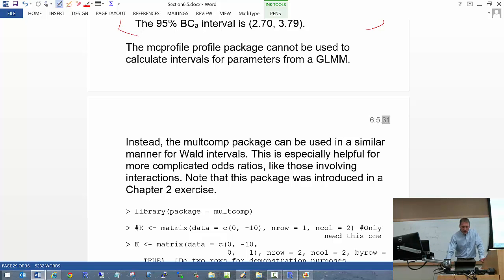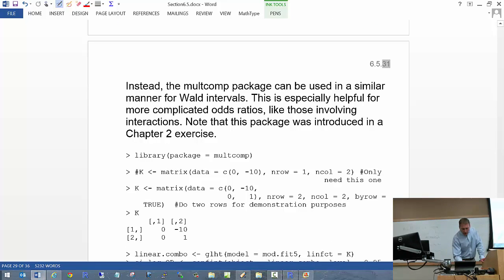So instead, what we can do is Wald intervals using a package called multcomp for multiple comparisons. I don't think we talked about that in this particular class. It's introduced in an exercise of chapter 2 in the book if you want to know more about it.